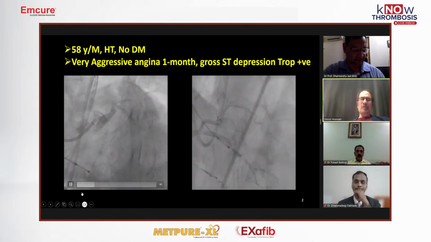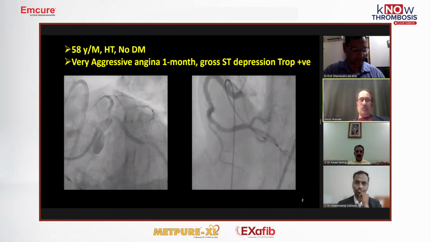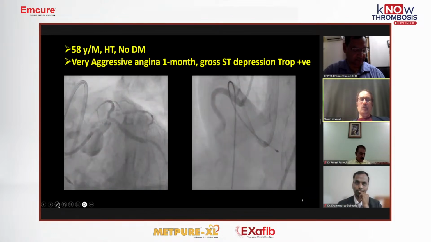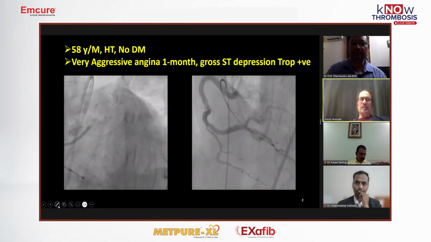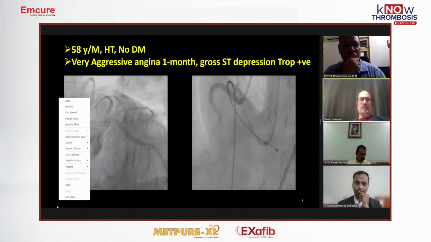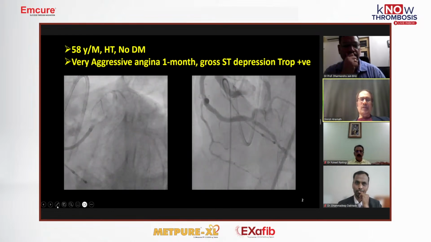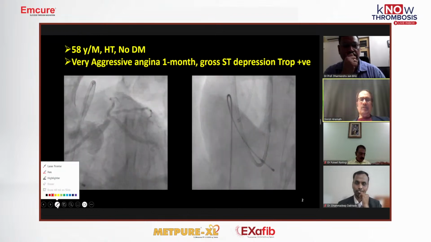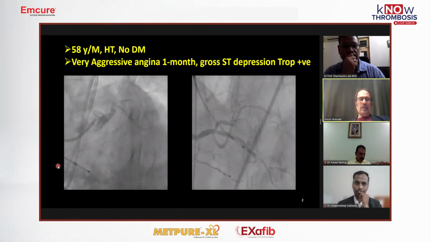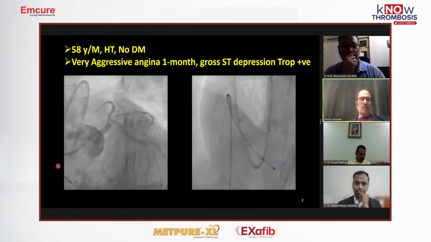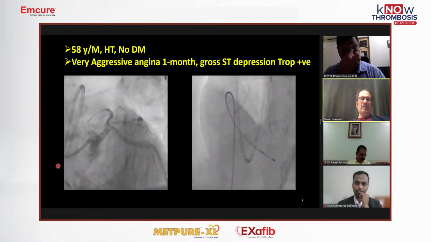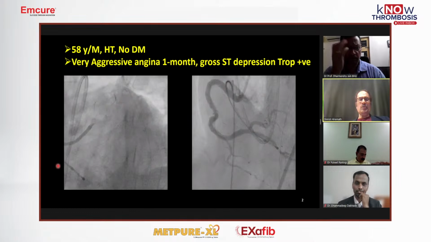In fact, the story is he was booked for a CABG, but every week before he went for CABG, he was getting into heart failure because of mitral regurgitation. So the patient had already spent about a month or so getting into hospital and going home, being told to come next week and so on.